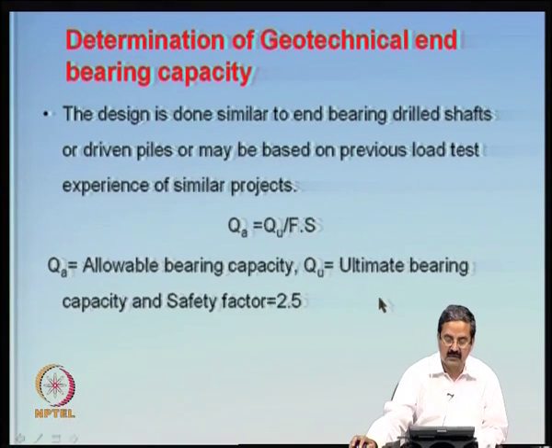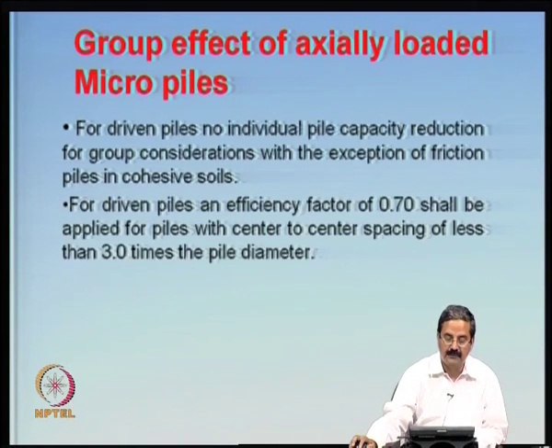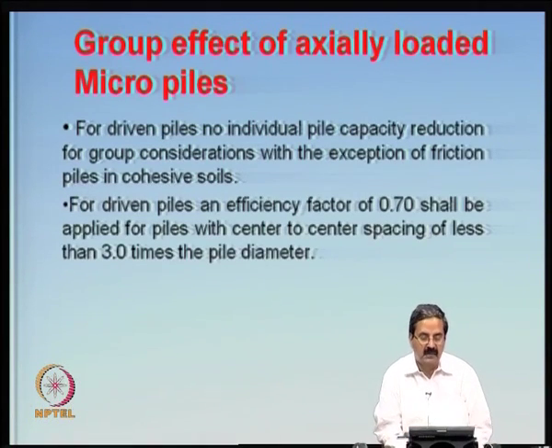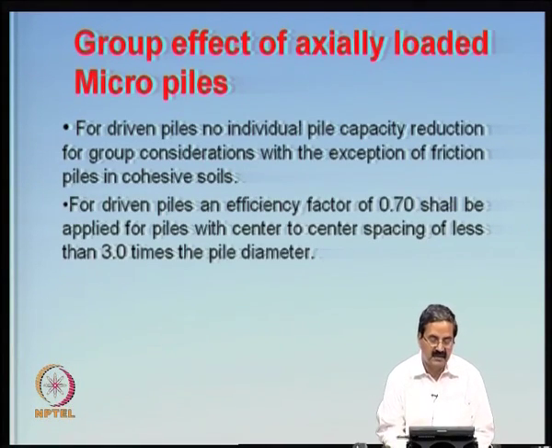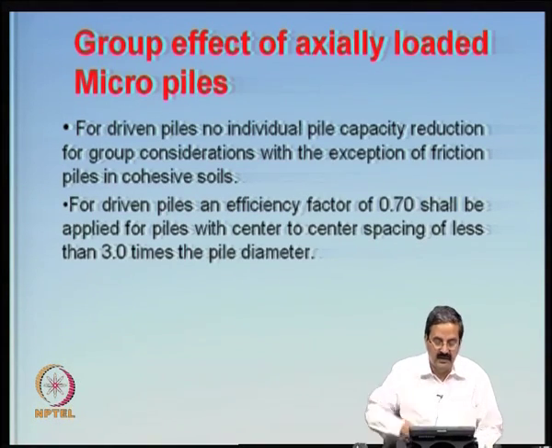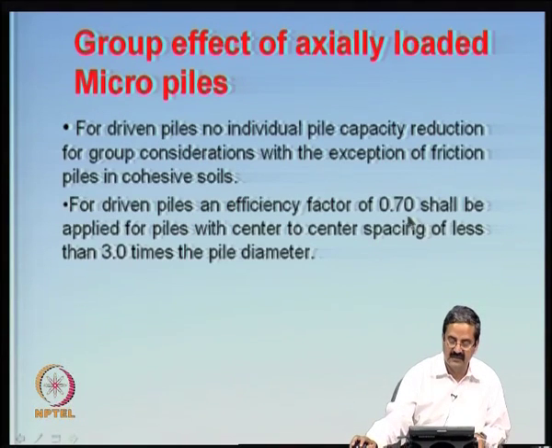The other one is the axial capacity of the micropile. Normally we try to put them in the form of a group of piles. For driven piles, there is no individual capacity reduction for group considerations, with the exception of friction piles in cohesive soils. When we consider group action, we try to use an efficiency factor of 0.7.